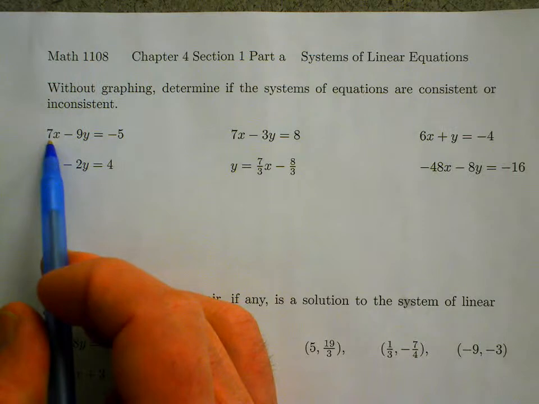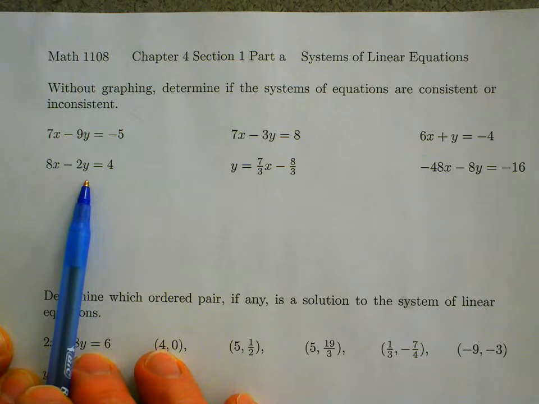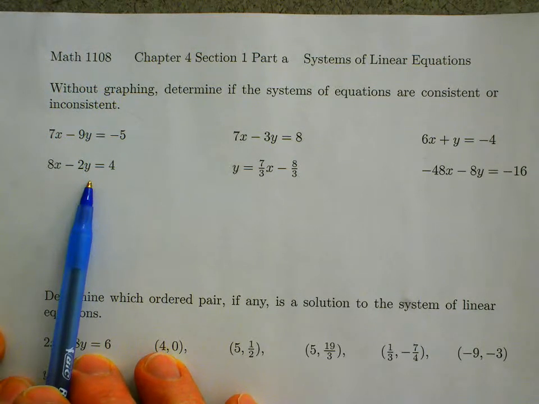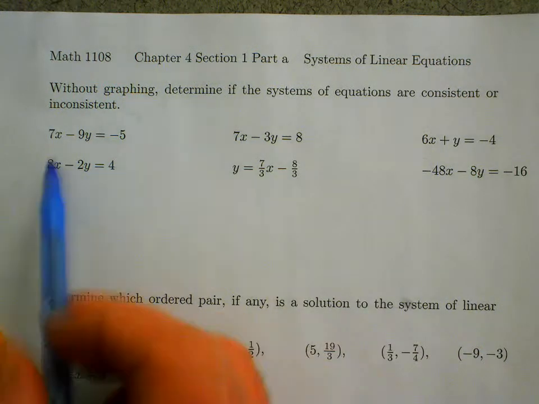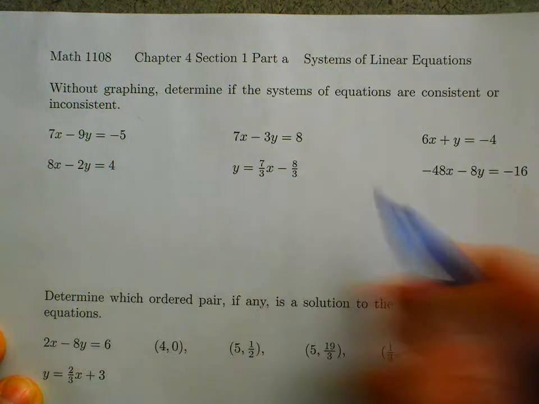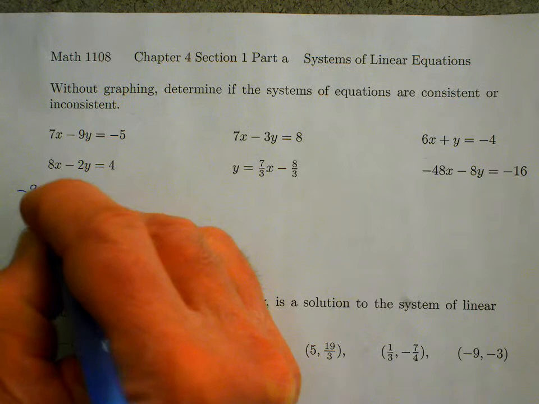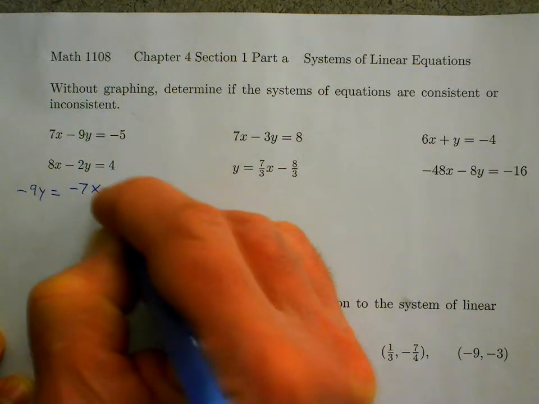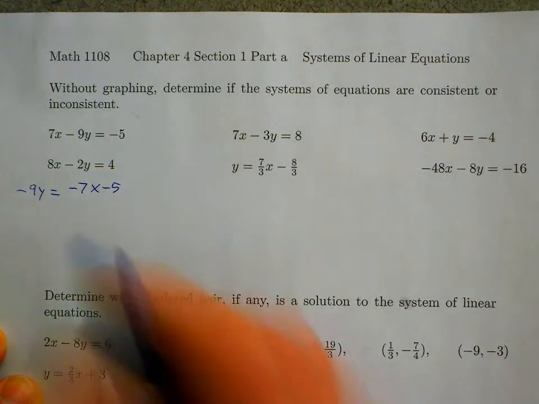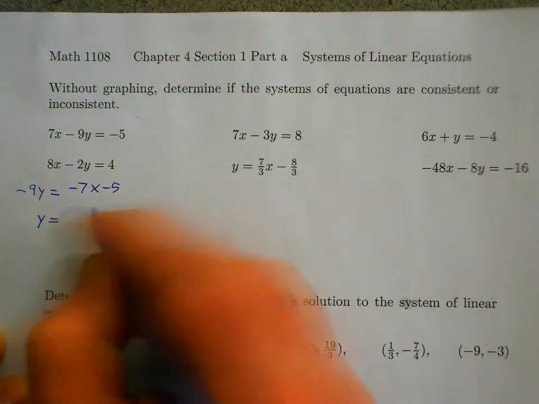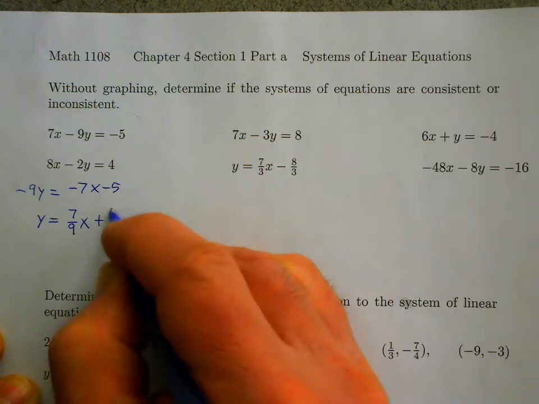Okay, so let's rewrite each of the two equations in the system on the left in slope-intercept form. So 7x minus 9y equals -5. Let's start by writing -9y equals -7x minus 5, and then divide every term on both sides by -9, and we get y equals 7/9 x plus 5/9.